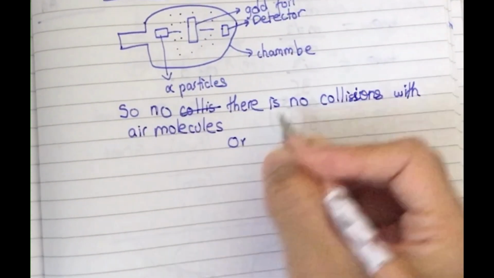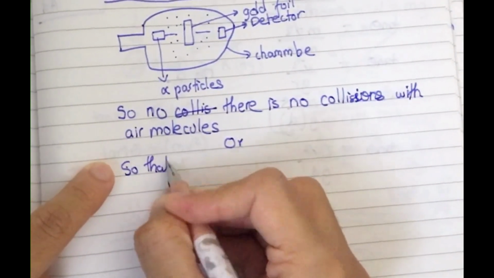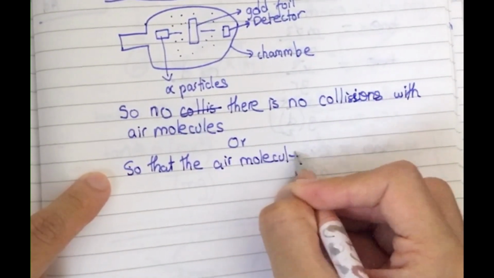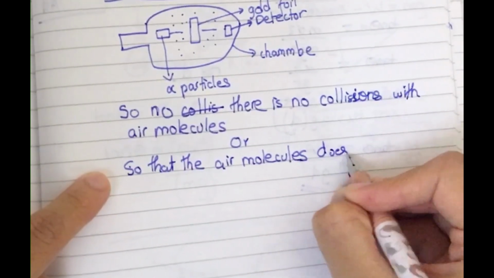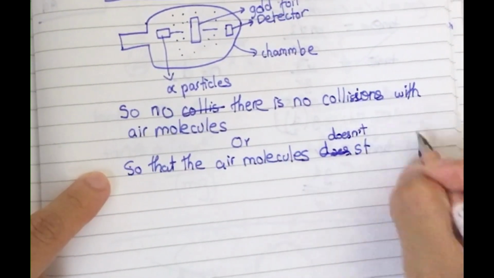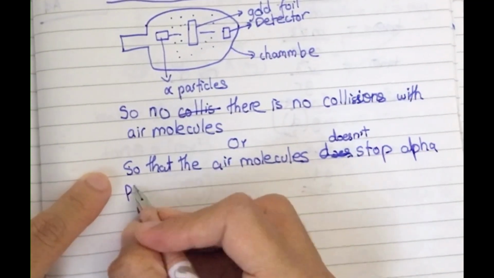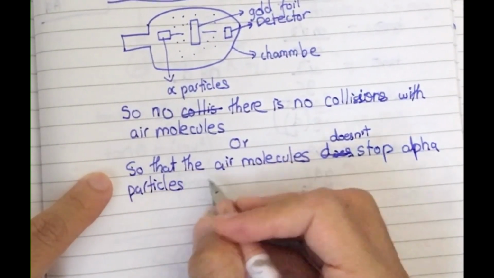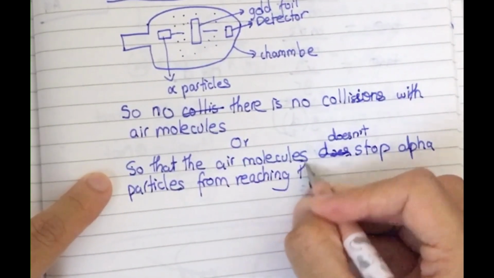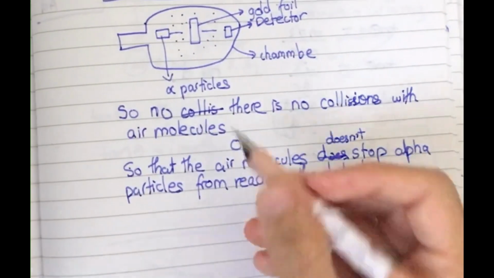Or you can give the example of the detector, so that the air molecules don't stop alpha particles from reaching the detector, right? These are your final answers.